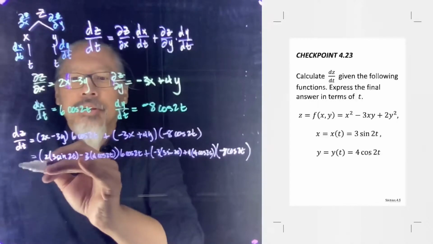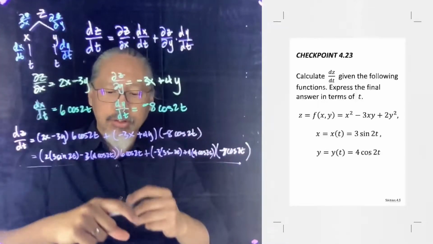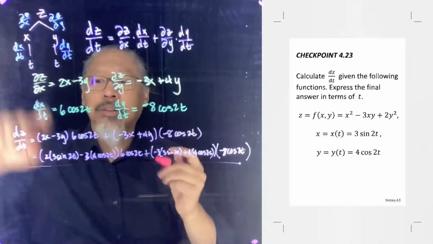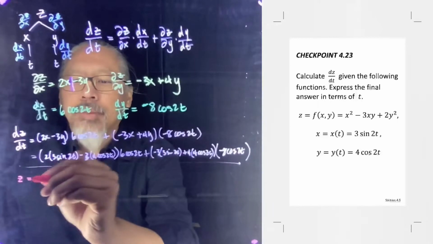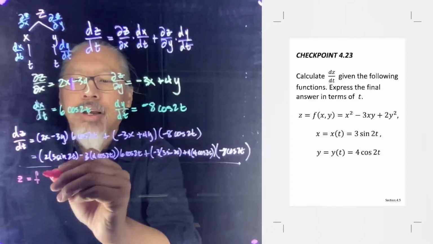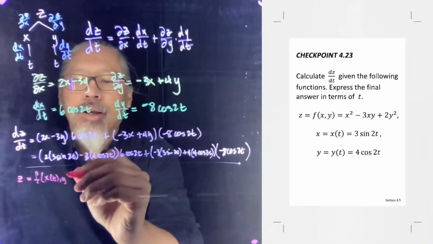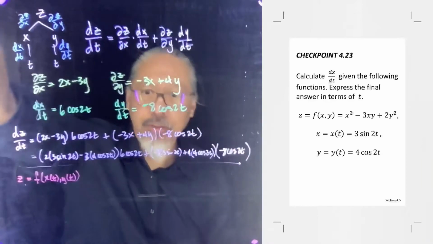But I do want to show you that this is using the chain rule. What you could have done from the beginning is to actually see the composition. So we could have had z equal to the composition of f, where you put in x of t, y of t, and you'll notice that z now is just a function of t.